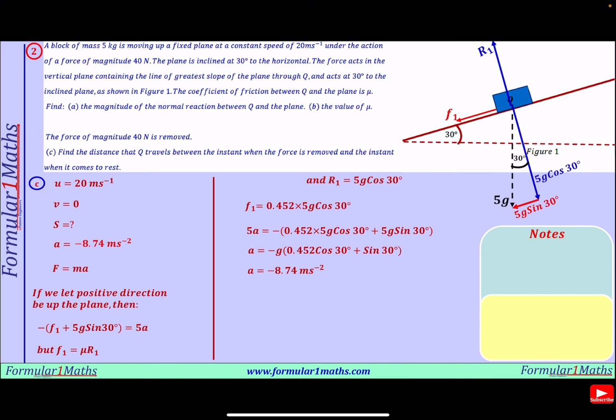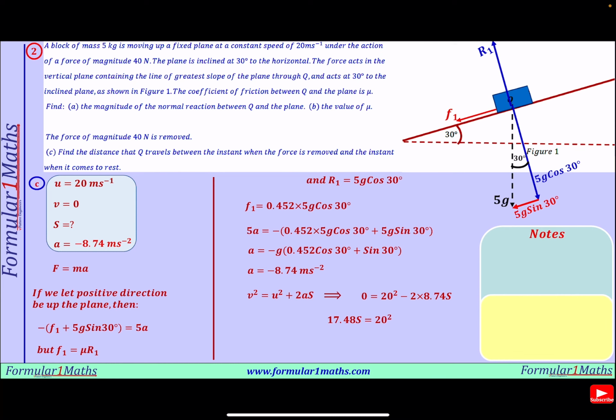So we now have information to calculate s, the distance moved, using this information right here. So the SUVAT equation that comes to mind is v squared is equal to u squared plus 2as. Doing our substitution will give us 0 is equal to 20 squared minus 2 times 8.74s.